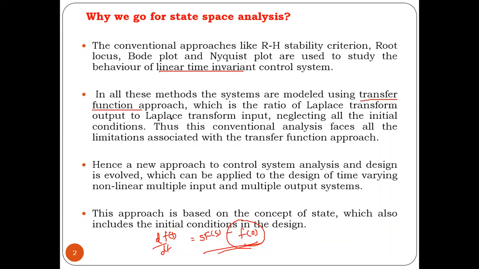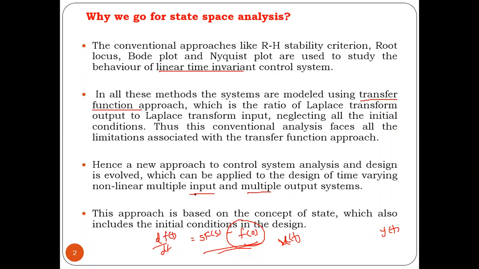Also, these conventional methods we have seen are for single input, single output systems. We give u of t at the input and at the end we get y of t. This kind of single input, single output system we implemented so far.